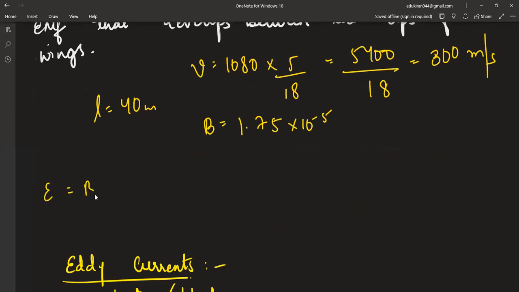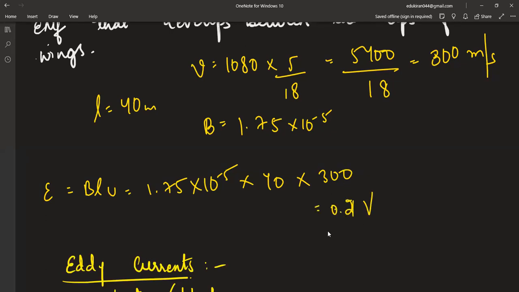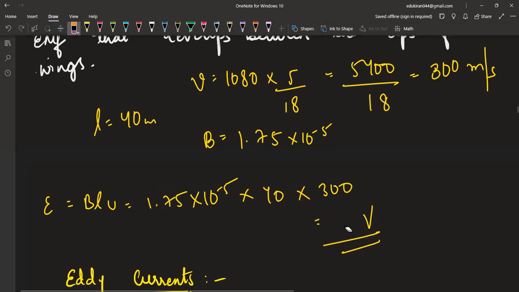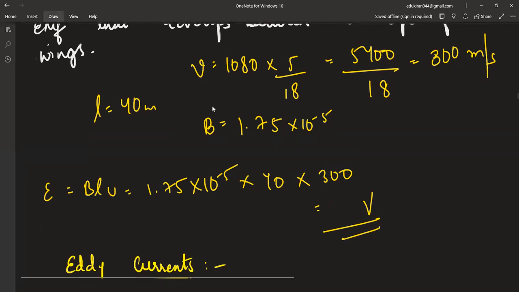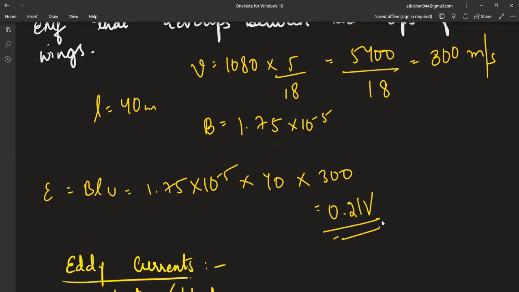So EMF will be BLV, which is equal to 1.75 into 10 to the power minus 5 into 40 into 300. This should come around 0.21. Someone cross check also. 0.21 volts. Write it down.